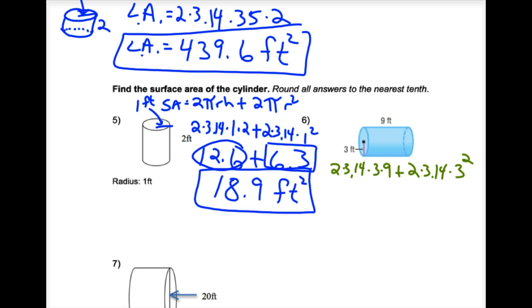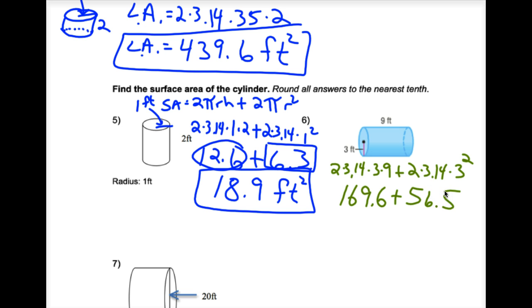Did you get number 6? No. Anybody get number 6? I'm on number 7. I got number 6. What'd you get for 6, Phoebe? For the lateral area, I got 169.6. And then for the 2 bases, I got 56.5. 56.5.